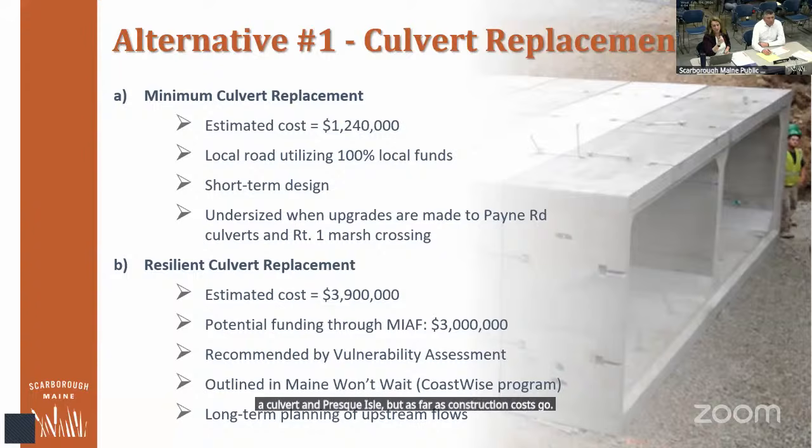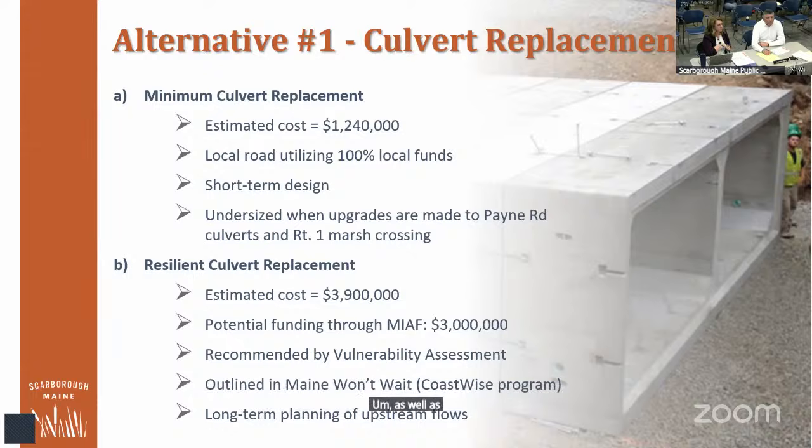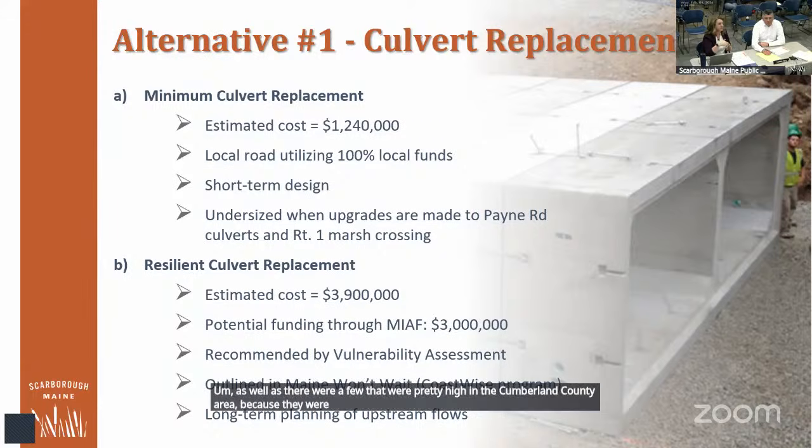Looking at York and Cumberland County, I took out highs and lows, because there are some nuances. A few were pretty high in Cumberland County, for instance one in South Portland at Mill Creek, where traffic control alone was probably $1 million.